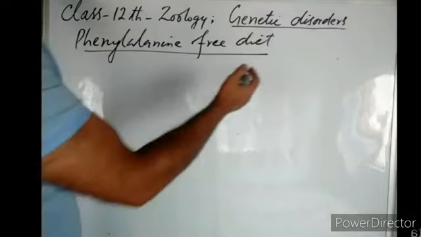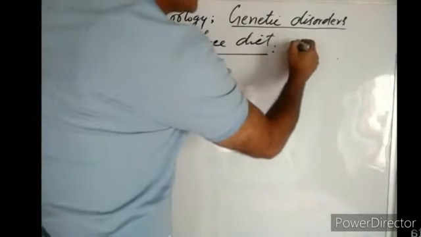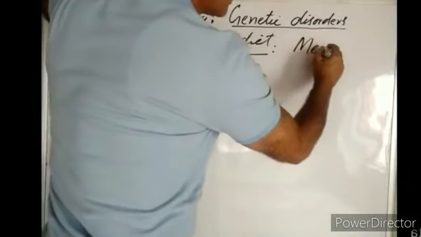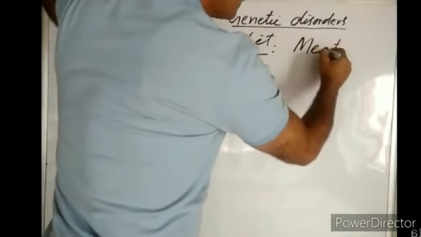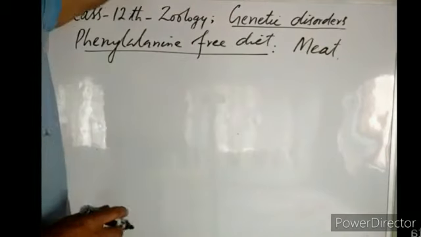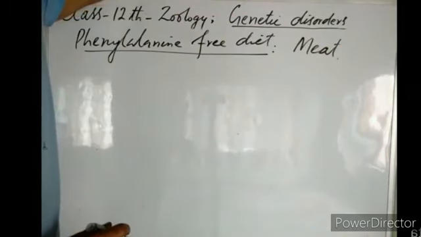This phenylalanine amino acid is mostly present in meat, whether it is mutton, beef, or pork, right? So it is present in all sorts of meat.